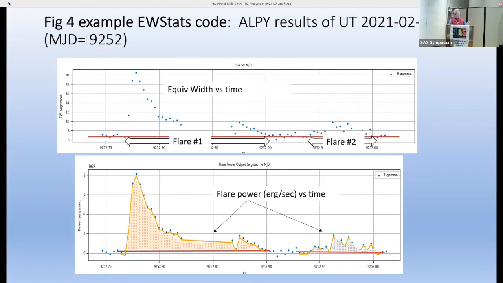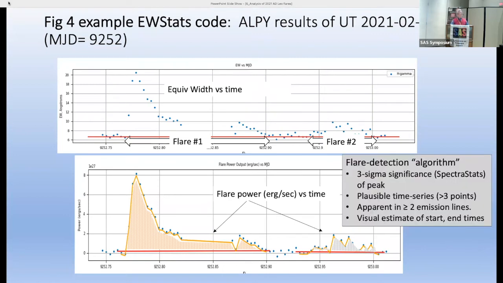One of the statistical descriptors, now that we have a catalog, an atlas of a whole bunch of flares from this star in the same observing season. Oh, I mentioned that. The visual flare detection algorithm I used was, first of all, check the statistical significance of the fluctuations in equivalent width from the EW stats program, demand that there be a 3 sigma change somewhere in the course of the night.